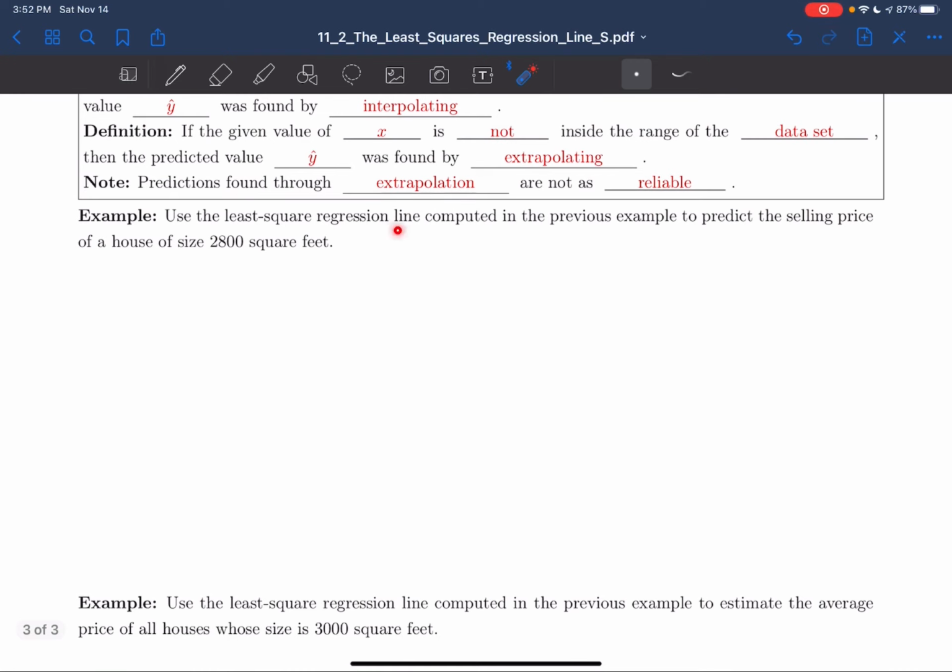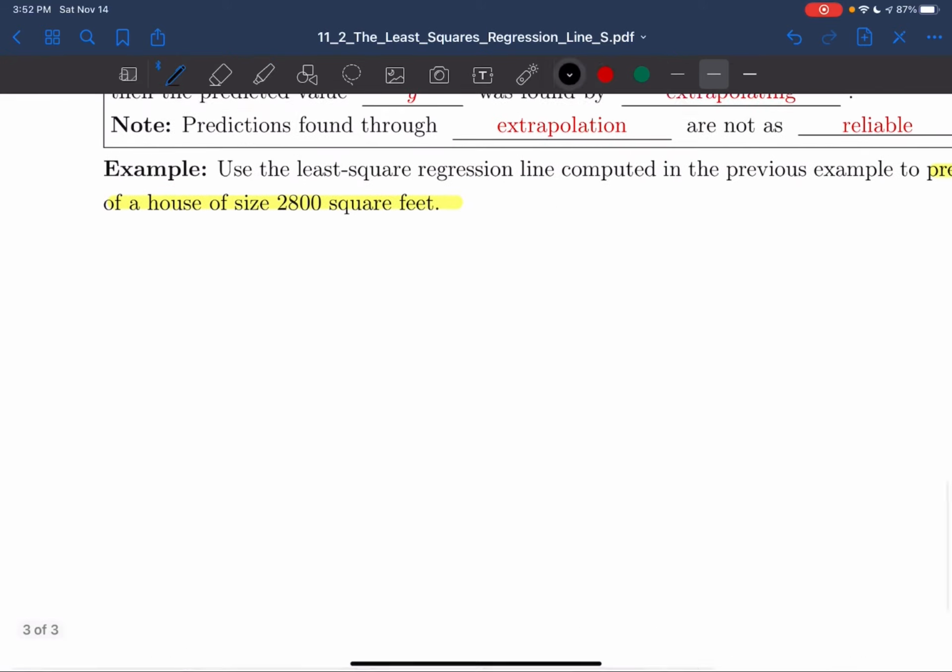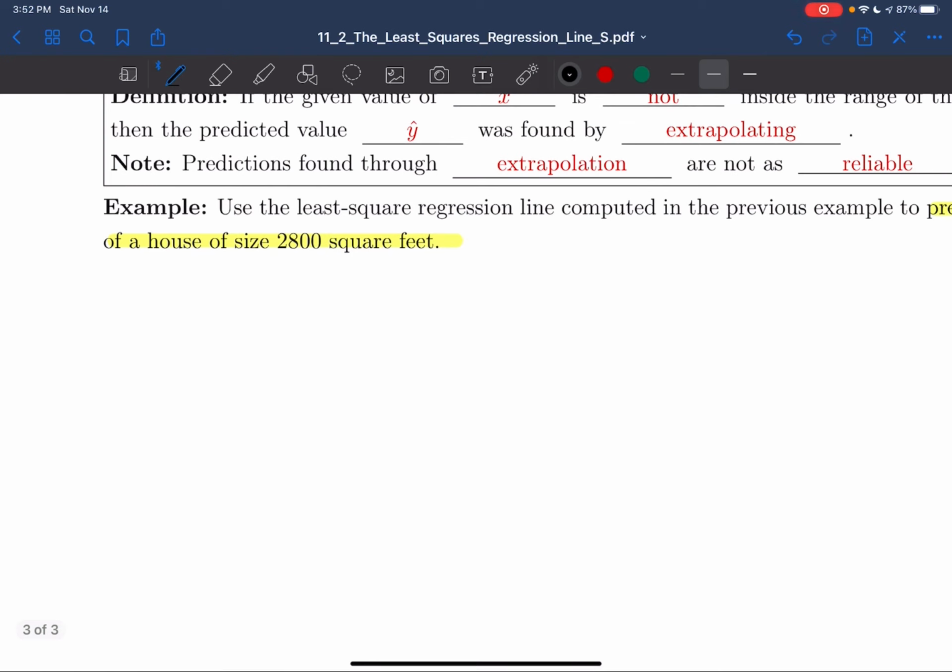Use the least square regression line computed in the previous example to predict the selling price of a house that is the size of 2,800 square feet. So if you remember, we computed the least square regression line. So this will be y hat is equal to 0.0992x plus 160.1939.